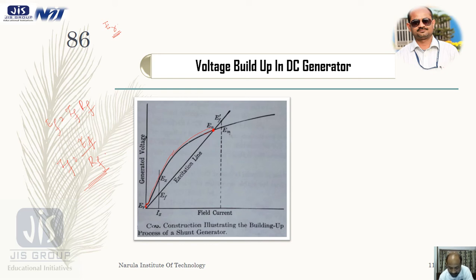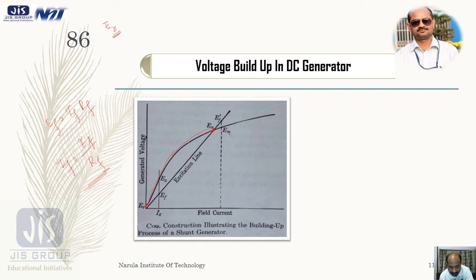Now this field current produces a flux which is added to this residual magnetism and thus generates a voltage greater than ER at any instantaneous point.